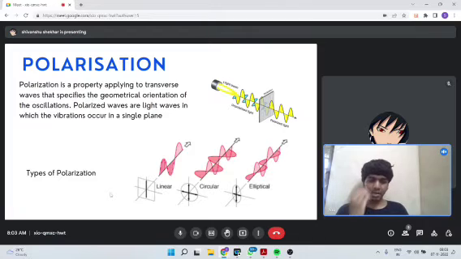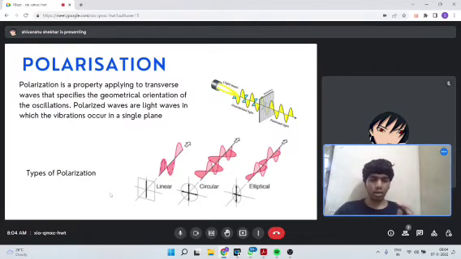You want the vibration of light, which is the oscillation of light, to be only in a single plane. For example, with linear polarization, if you send light from a torch, which has light going in all directions, through a polarizer, you would get an output as you can see in the first photo, only in a linear phase. So only one particular direction of light, that is electric field in only one direction and corresponding magnetic field in only one direction, will be available at the other end.